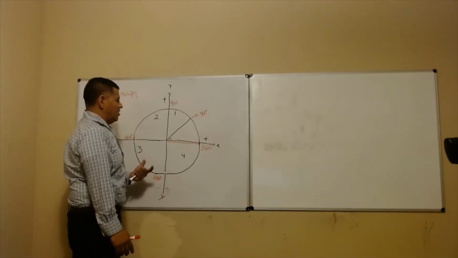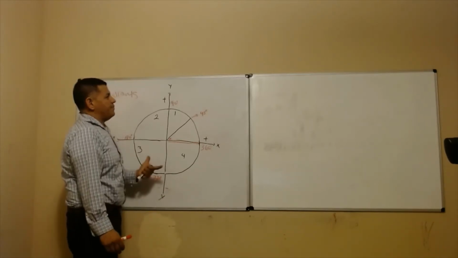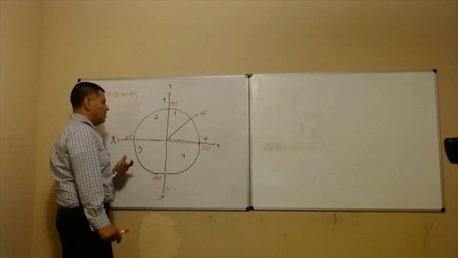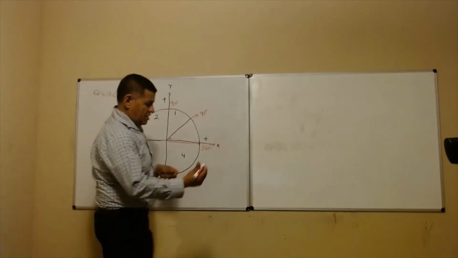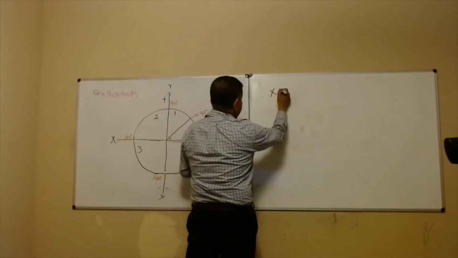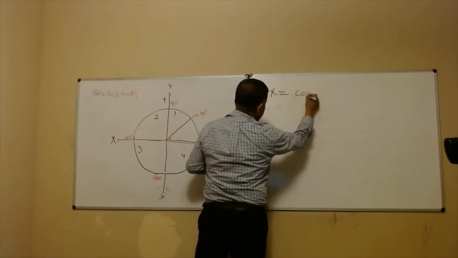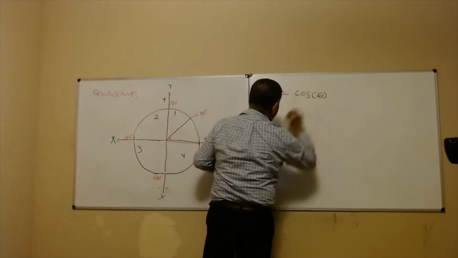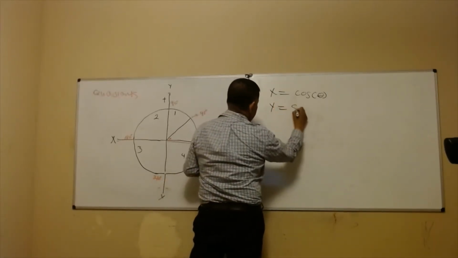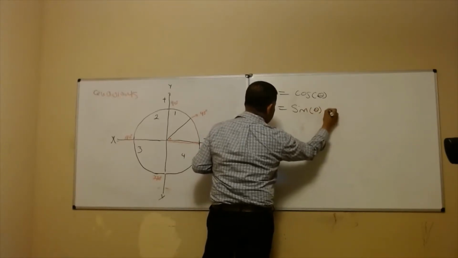But the mathematicians already came up with the functions, right? And they say that x is equal to the function cosine of angle theta, and y equals sine of angle theta.